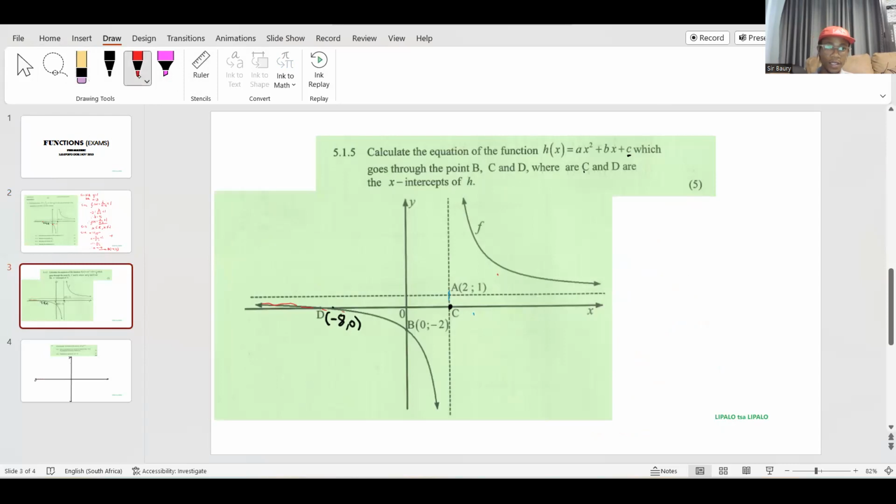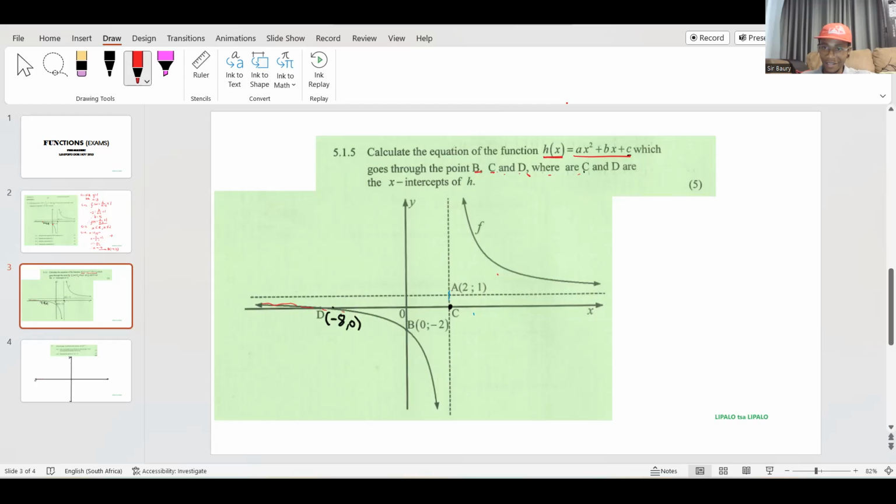All right, so calculate the equation of the function. We have a new function, a parabola, which goes through B, C, and D. Calculate the equation of the function h of x, which goes through the points B, C, and D. Anyway, we are not there.